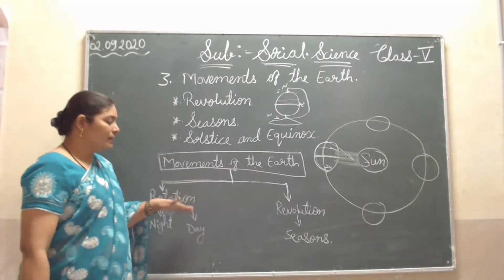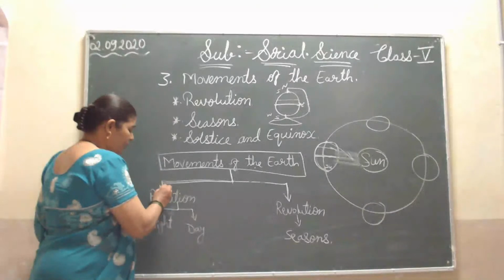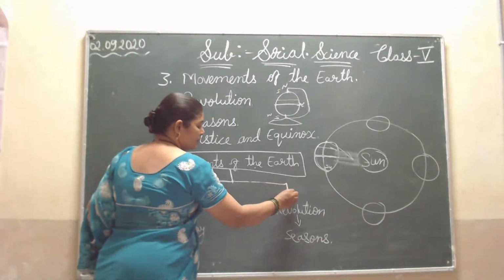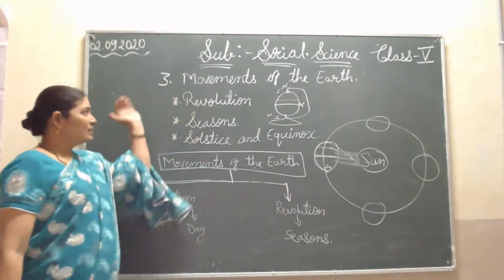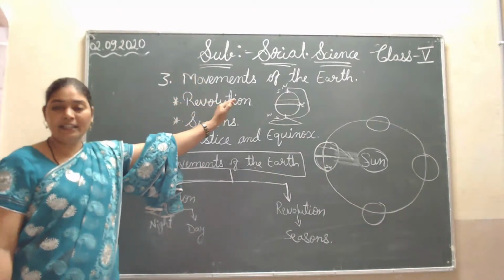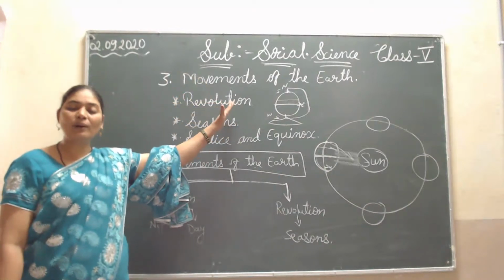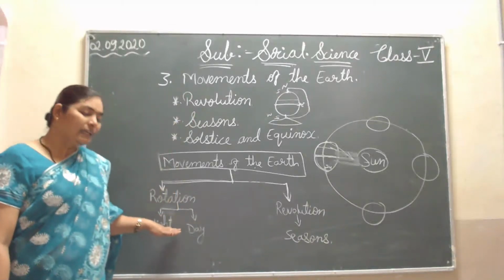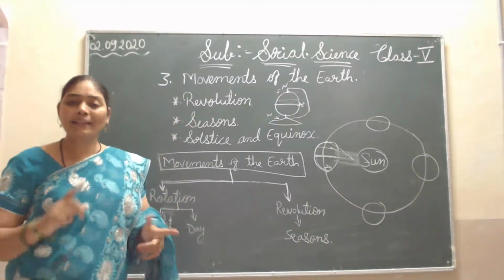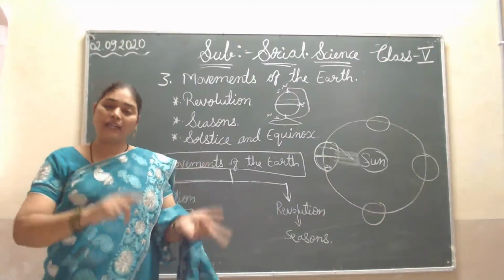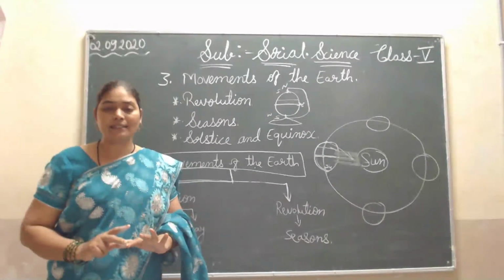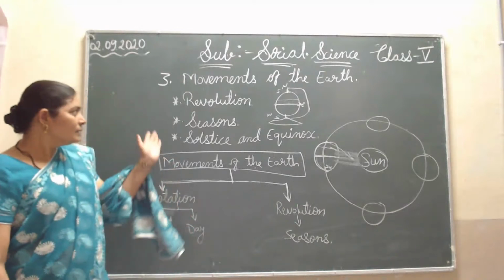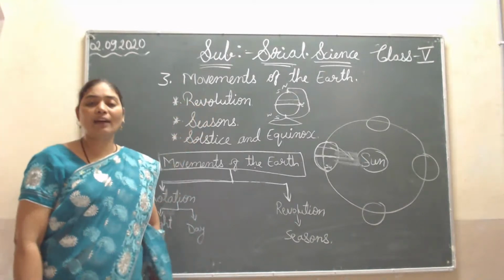Here, one by one, you can easily understand this point. Movements of the Earth. In this chapter I explained to you about rotation. In rotation the Earth is moving on its axis, so it causes day and night. Then the second point is the revolution.